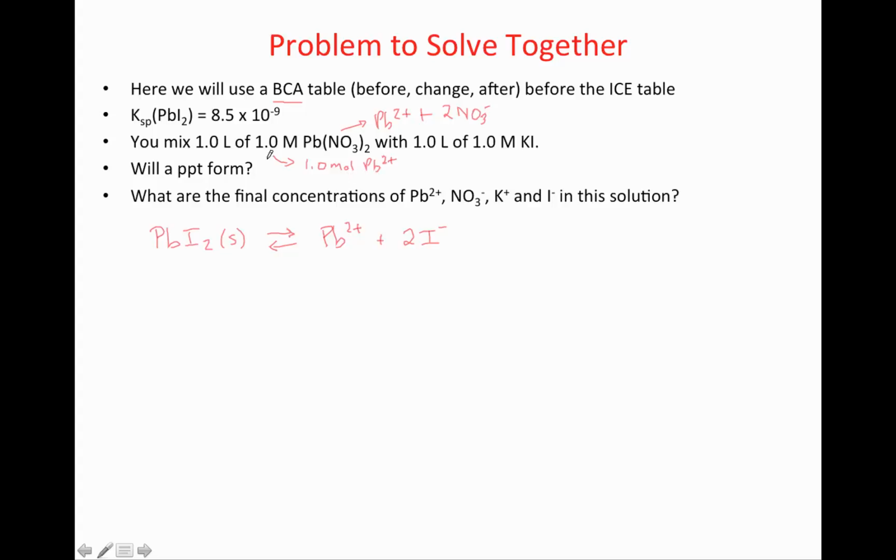So that means that if I have 1 mole of lead 2+ in solution, that means I have 2 moles of nitrate. And now what I need to do to get a concentration is I need to say what's my total volume. Well, I had 1 liter of this solution plus 1 liter of this solution, so my total volume is 1 liter plus 1 liter is 2 liters.